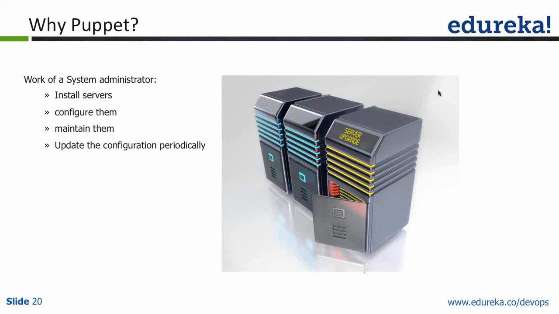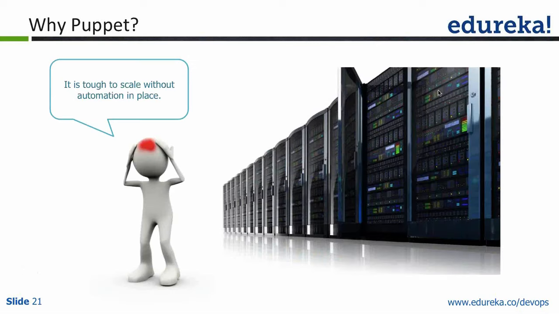Again, if you have not adopted any particular tool like Puppet, all of these could be really manual. Now, if you have a limited number of servers, you can still do it manually, maybe.